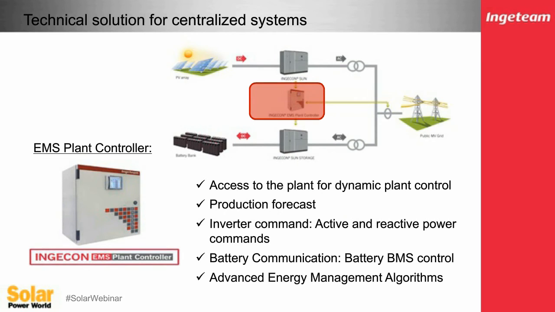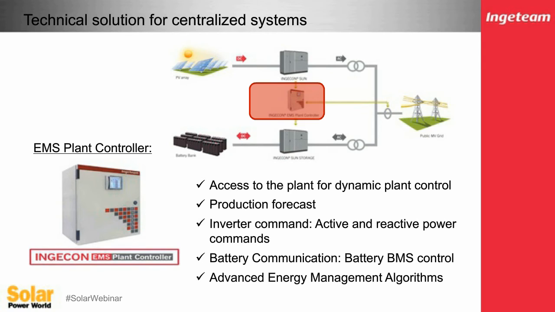The plant controller acts as that access into the entire system from the grid operator. From a SCADA system, it's the point that he's communicating into the entire plant. In the case of a PV firming application, it does the forecasting and calculations, and is the device which sends the active and reactive power commands into each individual inverter in the entire system.